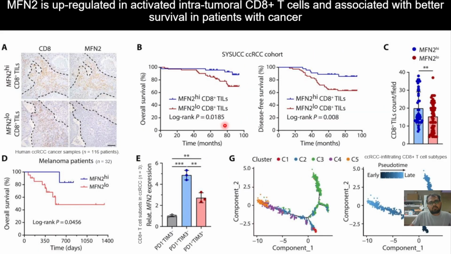So let's come to the first figure in this paper and what it shows. In the first figure, they used renal cell carcinoma patient samples and did IHC, and they also correlated the expression of the molecule MFN2, mitofusin 2, with the overall survival of these patients.